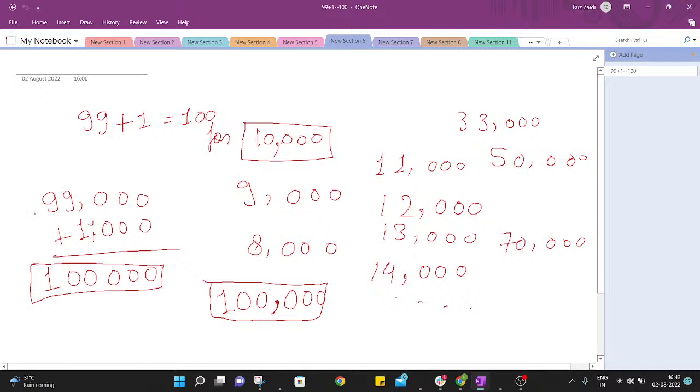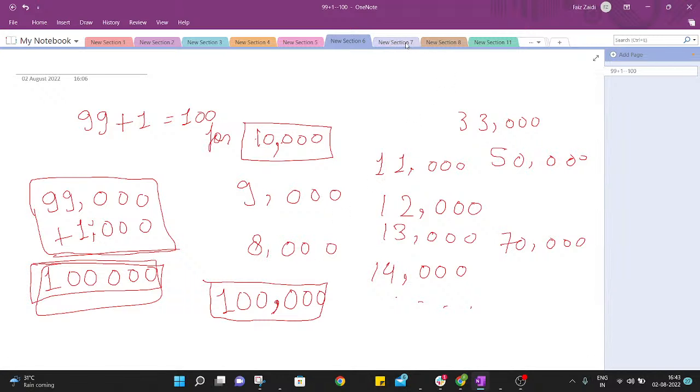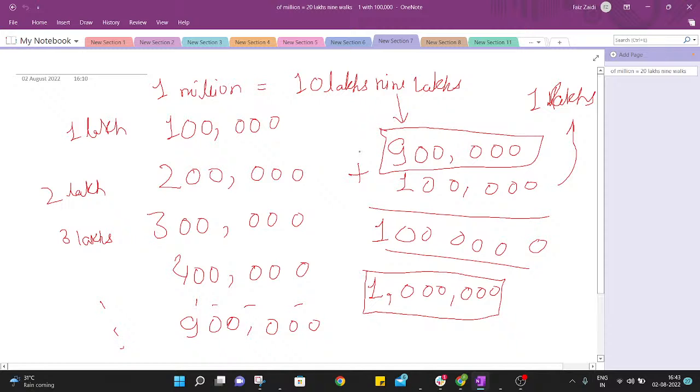After 99,000 we get, how do we say this number? This is 100,000. After 100,000 we keep on counting in hundred thousands, like 100,000, then 200,000, then 300,000 and so on. Then we got to 900,000, we add 100,000 more and it becomes, what do we say this number? Do you remember?